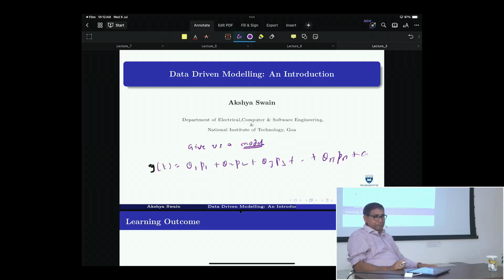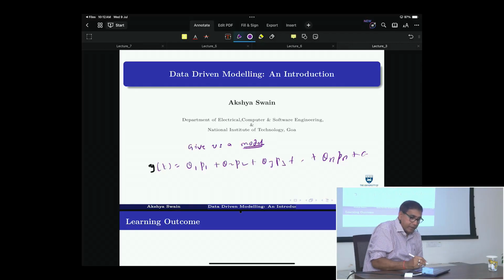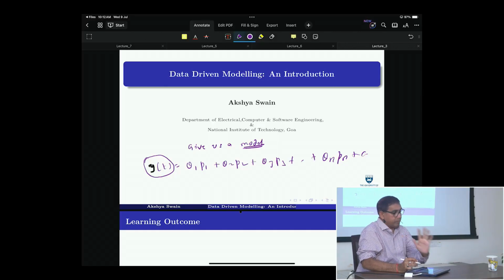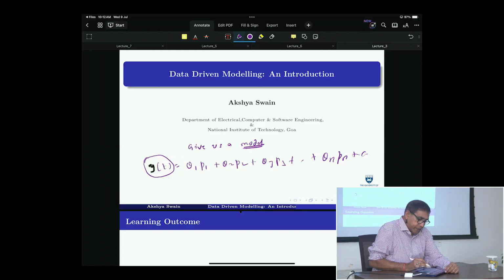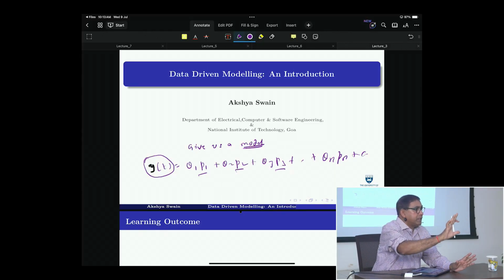Two things are important. You are fitting a model. You are getting the measurements y(t), and also the regressors. Now the question is, which terms to be included in the model? Because I showed you in the nonlinear system, under your assumption, the total number of terms goes to thousands. Then which terms to include in the model? Because once you know which terms to include, estimating the corresponding parameters becomes easier, right?